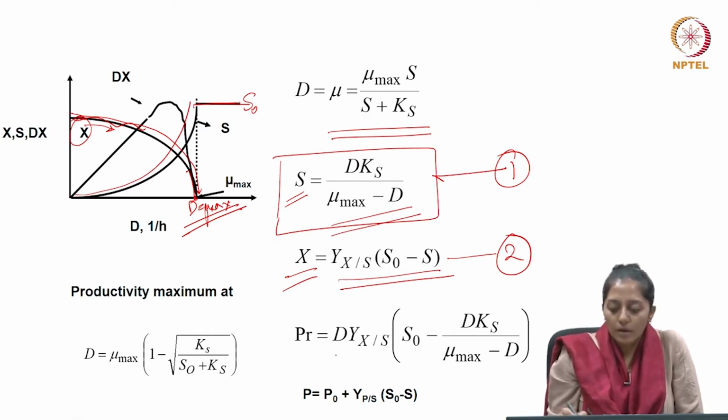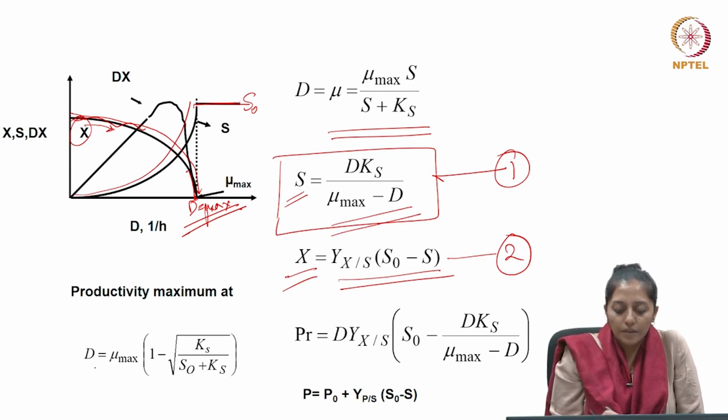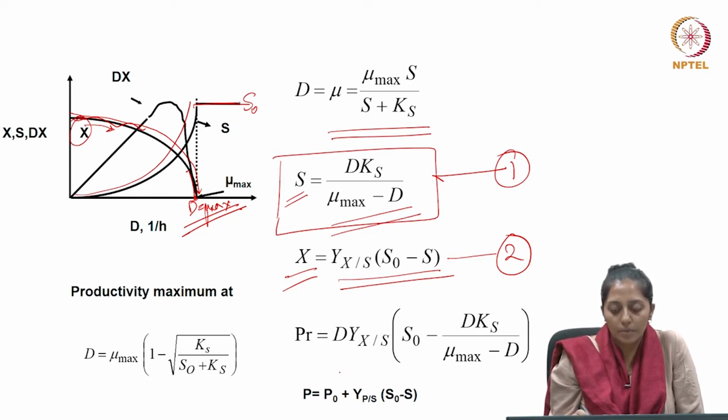So, now we know productivity is D times X. If you want to find the dilution rate, then we need to make the entire function a function of dilution rate. Right now D is a variable and X is also a variable in productivity.